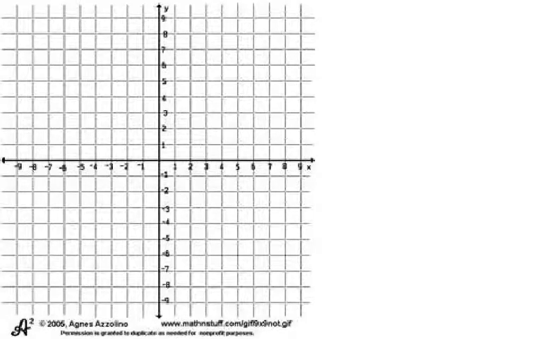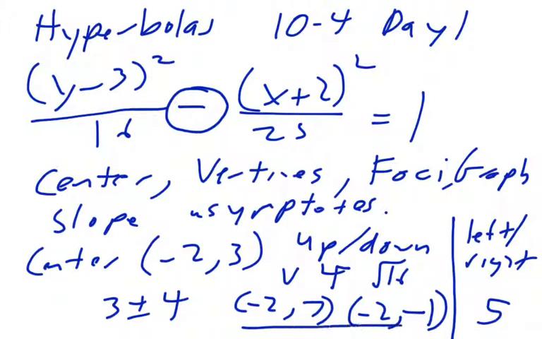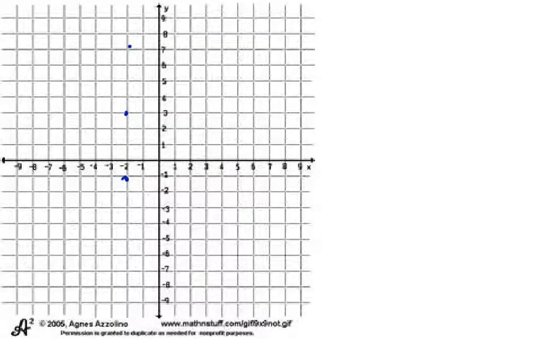Alright, so my center, which is not going to be a point on this graph, is going to be negative 2, 3. And in that direction I said I went up 4 to 7 and down 4 to negative 1, which were our two vertices right here. And I'm going to go left and right 5, which puts a little spot over here and a little spot over here, and I'm going to make a little box.